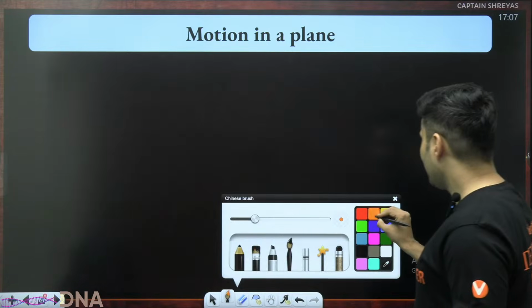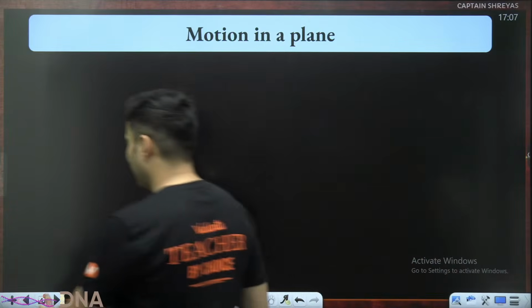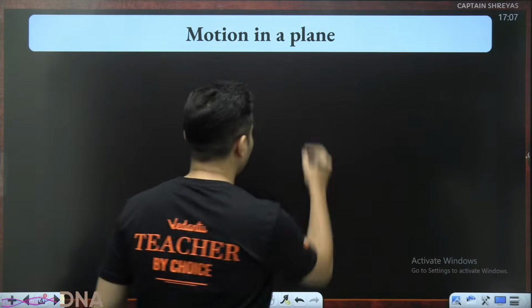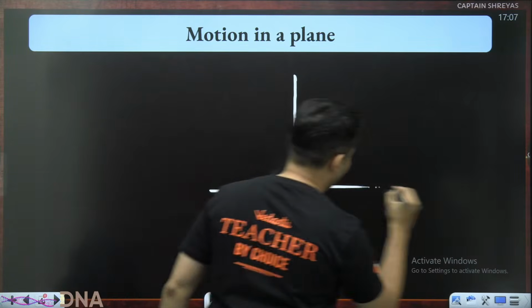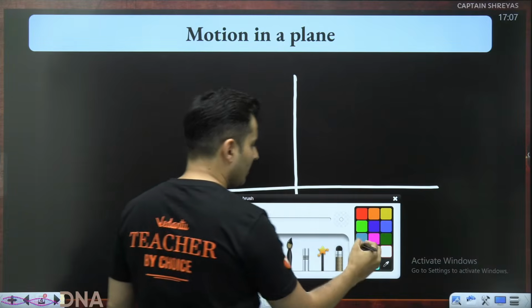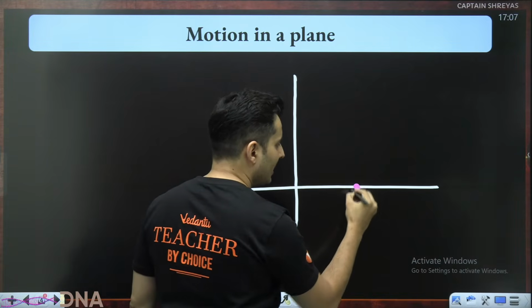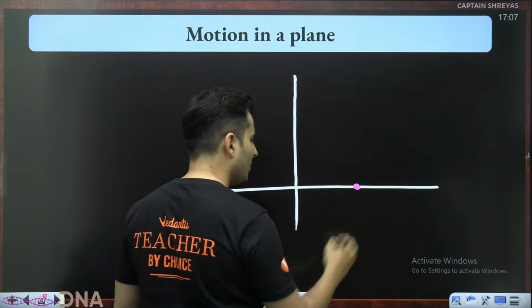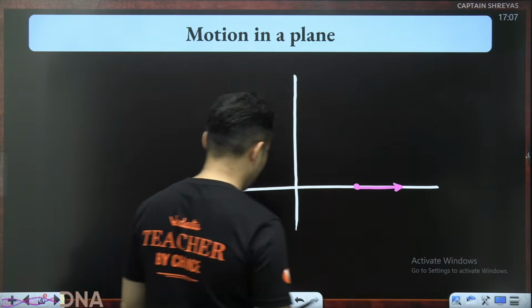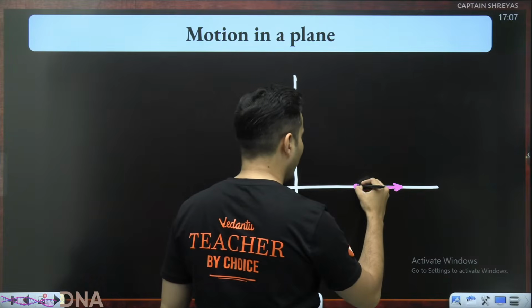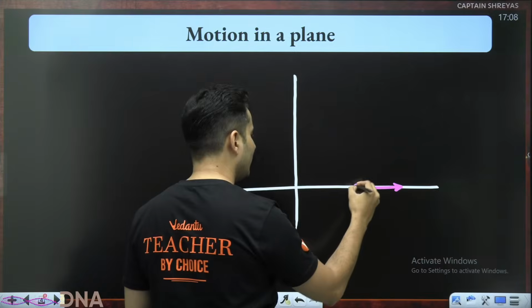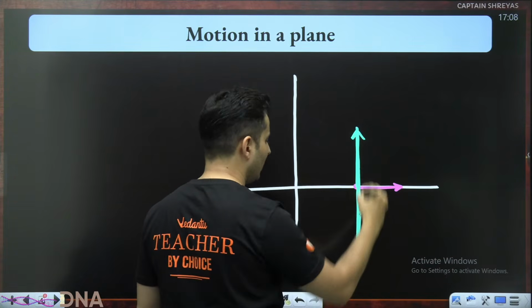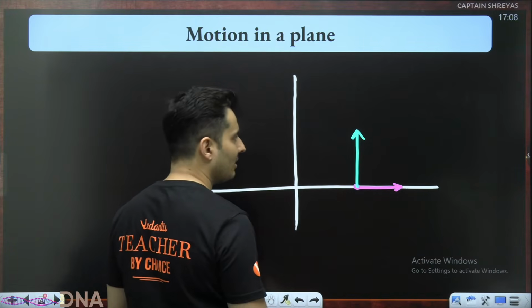So when I say motion in a plane, understand what I exactly mean. We have studied one-dimensional motion where, for example, a particle was going here, then going here, maybe along the x direction. Now, maybe this particle also has motion in the y direction. Maybe it is going up, maybe it is coming down, whatever. It's having some motion in the y direction.